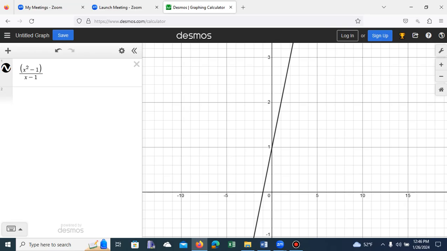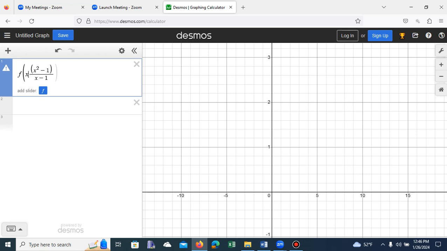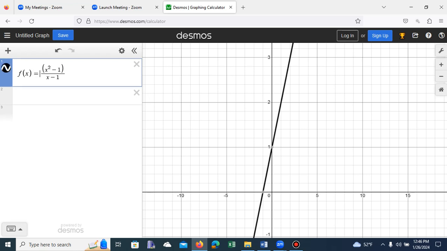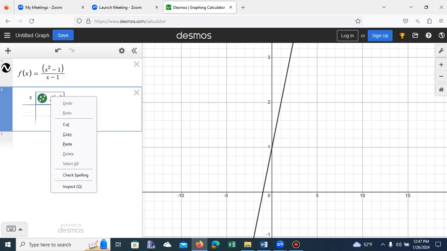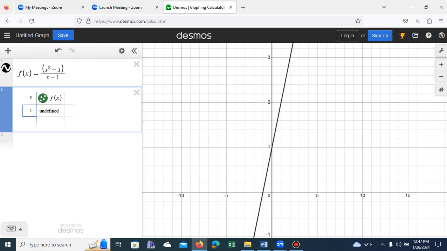Well, let's see what happens when we plot point 1. I'm going to make a table: x and f of x. And at 1, you get undefined.